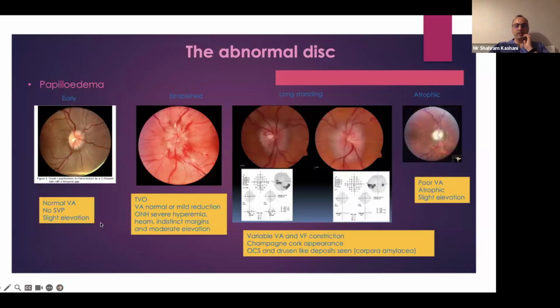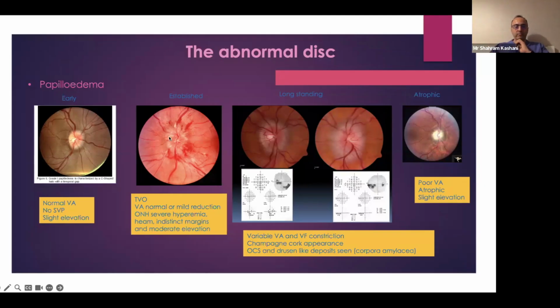If you've got anyone like that, we need to urgently neuroimage them and try to see what's happening. You can all diagnose it when it's established or long-standing, where you've got a champagne cork type appearance but no real hemorrhages.